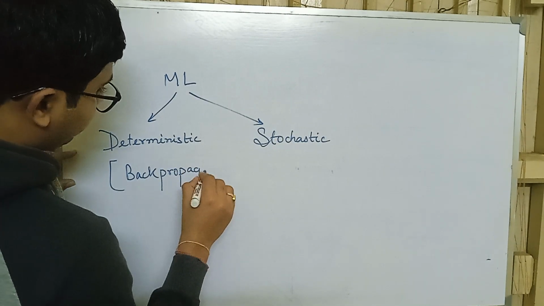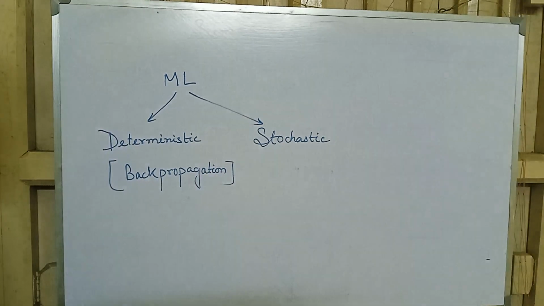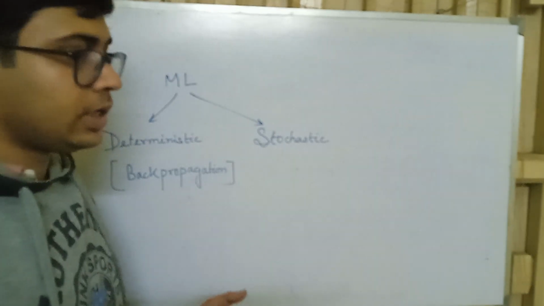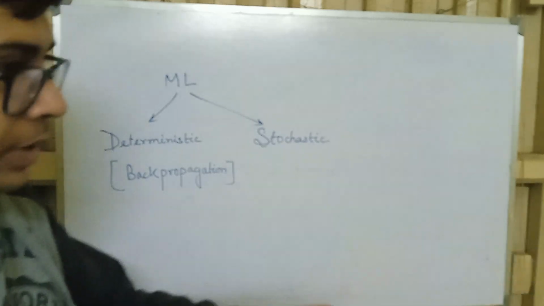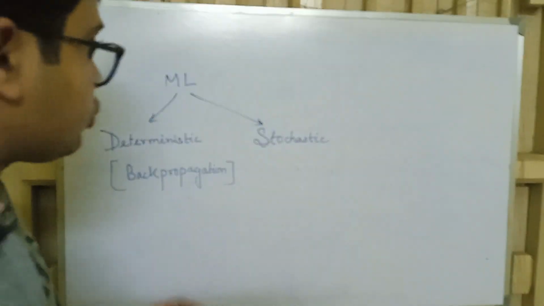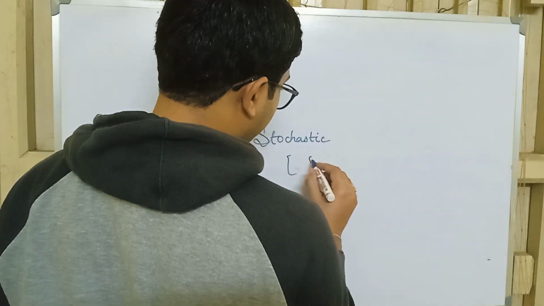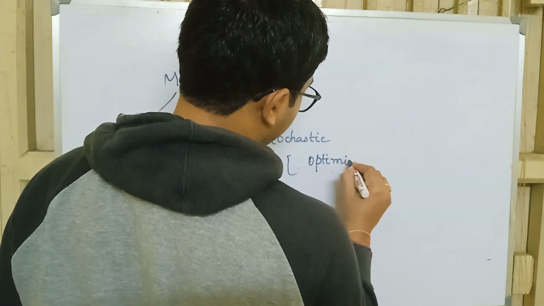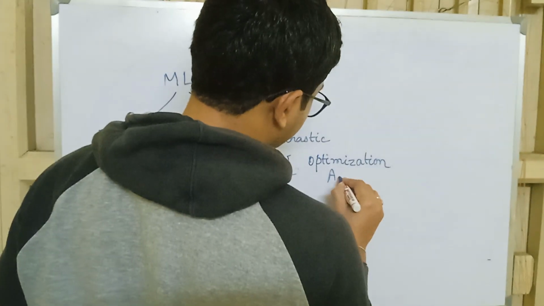If you have studied some learning, you will understand that in the neurons there will be some error, and the error will be back propagated to the previous level. And stochastic is different, like optimization algorithms.